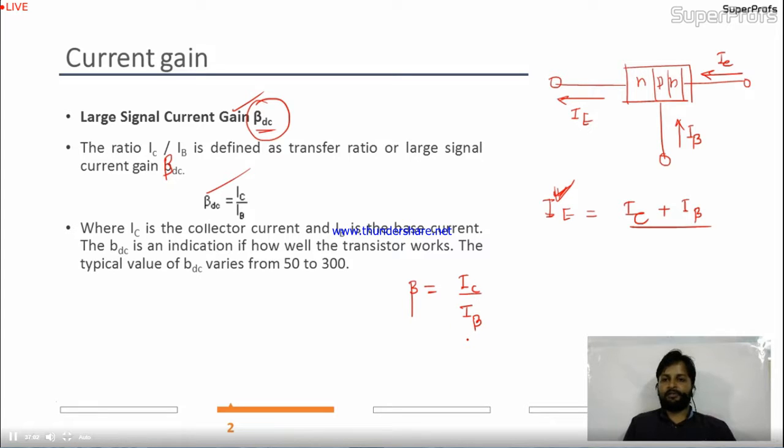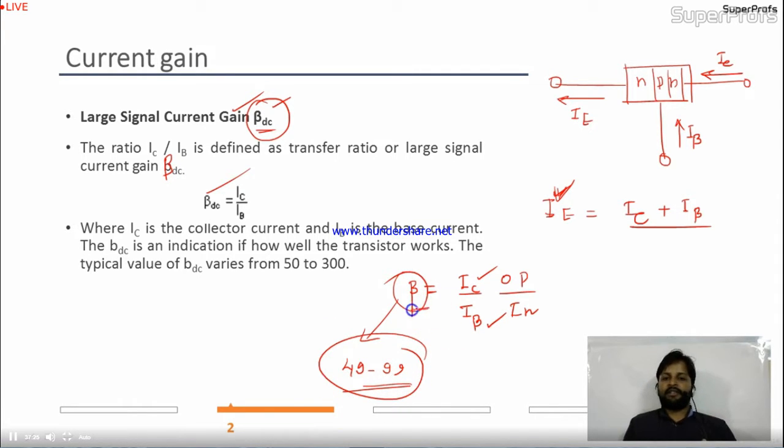Is it okay to you people? This is the output current. This is the input base current. So why is this gain? This is the output, this is the input, so this beta will be gain. And the typical value of the beta is 49 to 99. This is the typical value of the beta, or in general values.